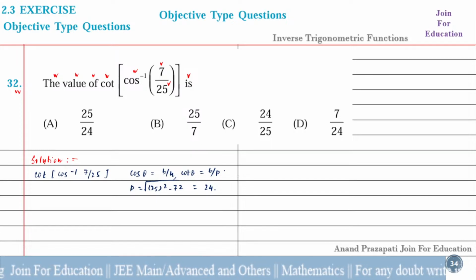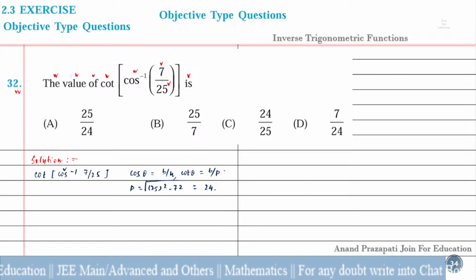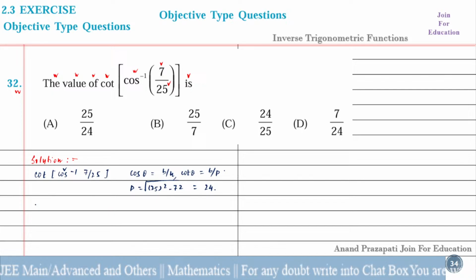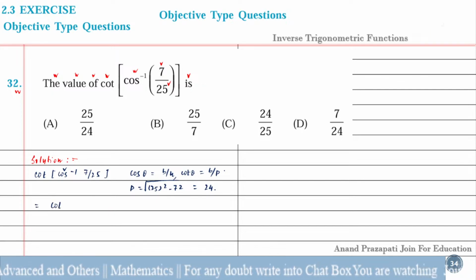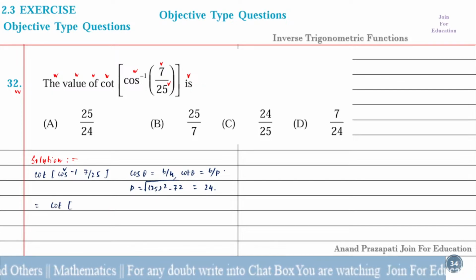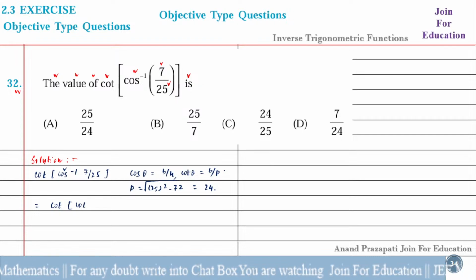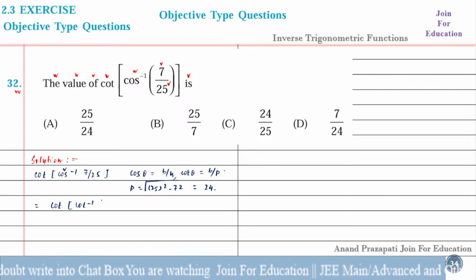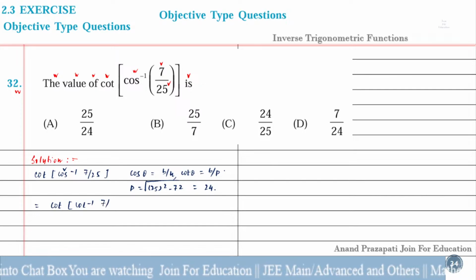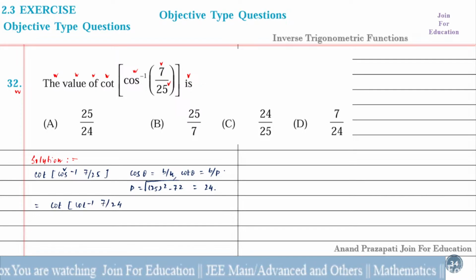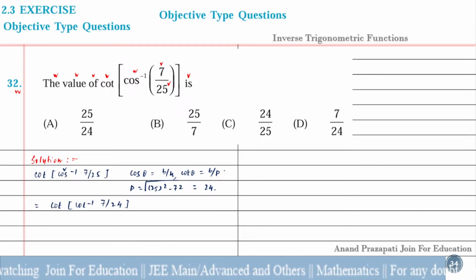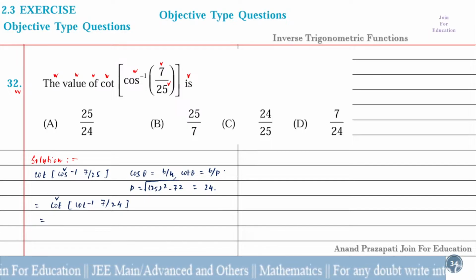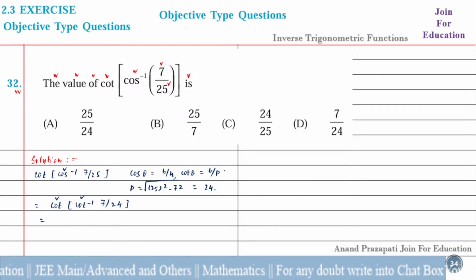So we convert this cos inverse into cot inverse. Therefore, the next step here will be cot. We write down here cot inverse b by p, it means 7 by 24. And we know that cot inverse theta equal to theta.